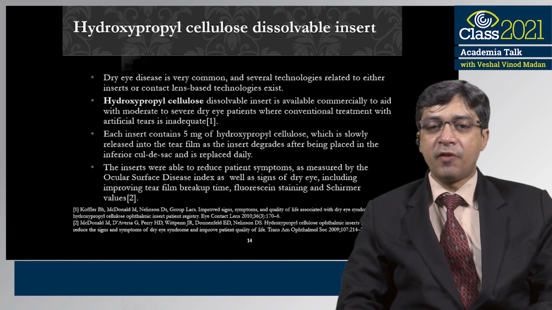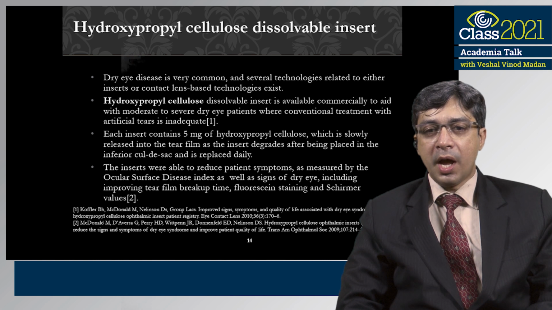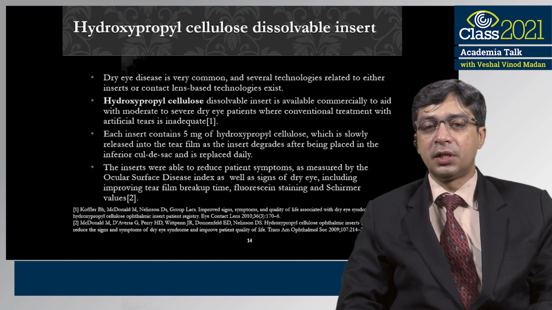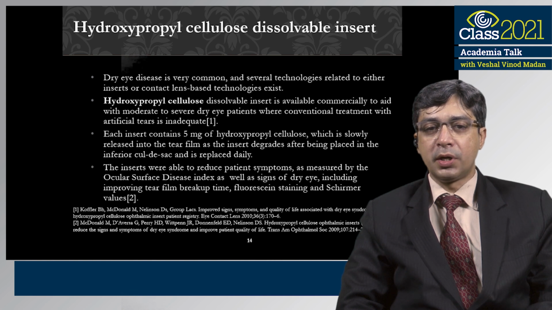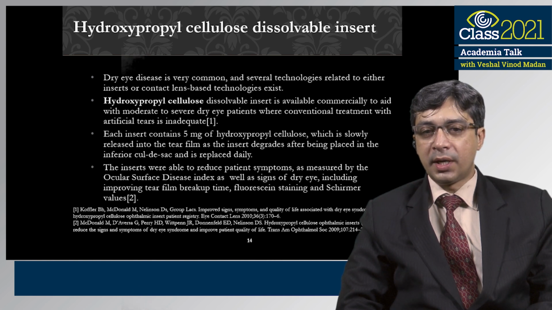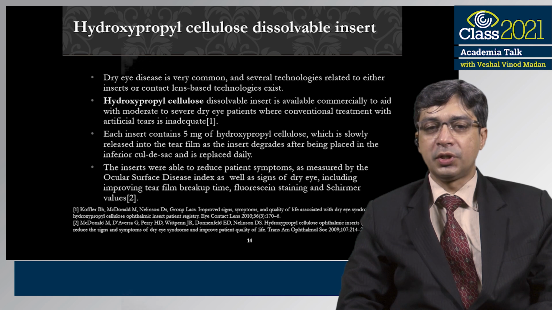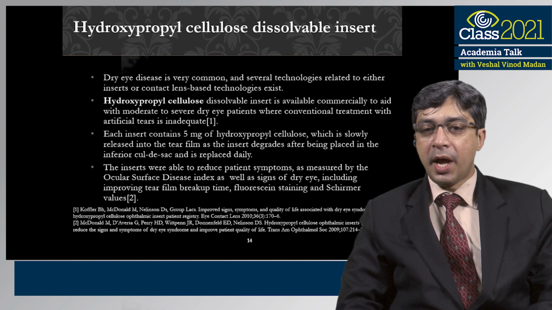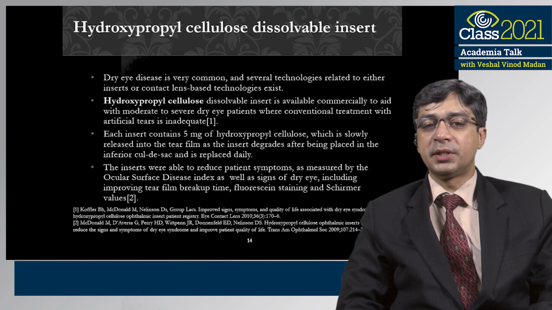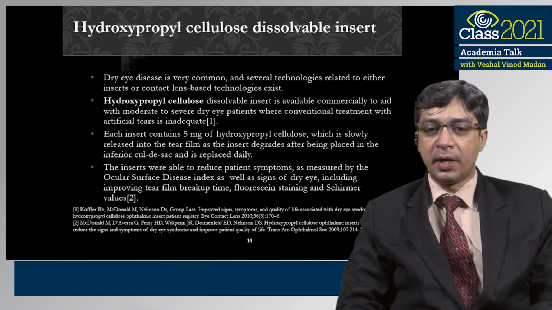Each insert has 5 milligrams of hydroxypropyl methyl cellulose, which is slowly released in the tear film, helping keep the cornea lubricated and healthy. The inserts improve patients' symptoms, measured by the ocular surface disease index, or OSDI, and the signs of dry eye can also be recorded and measured.